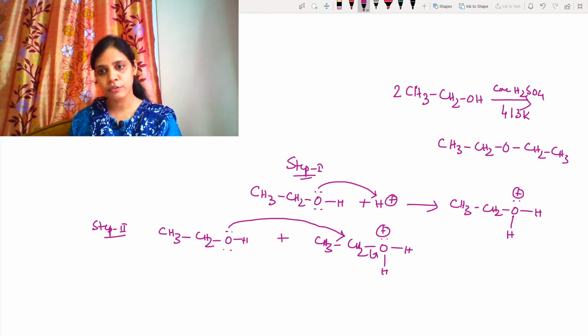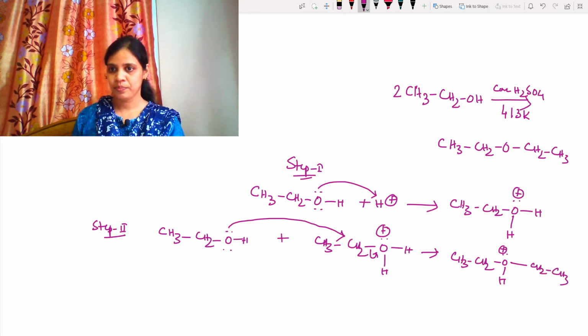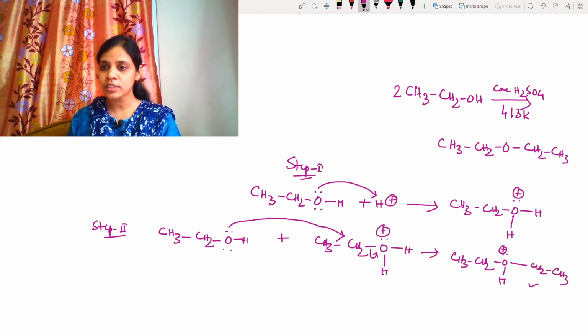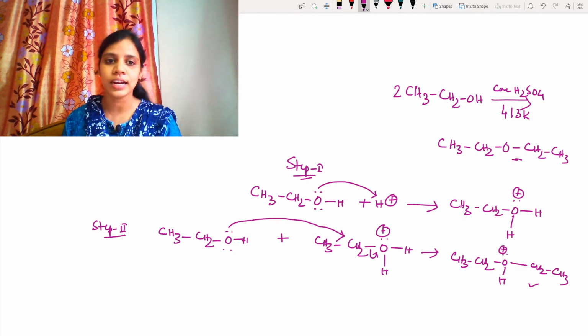So from here we get CH3CH2OH, one lone pair is still present and it also becomes a positive charge because one lone pair is used for this attacking. So here I write CH2CH3. Now what is the difference between this and this one? Here only one proton is extra. So if we remove one proton from this product, we get the desired ether.